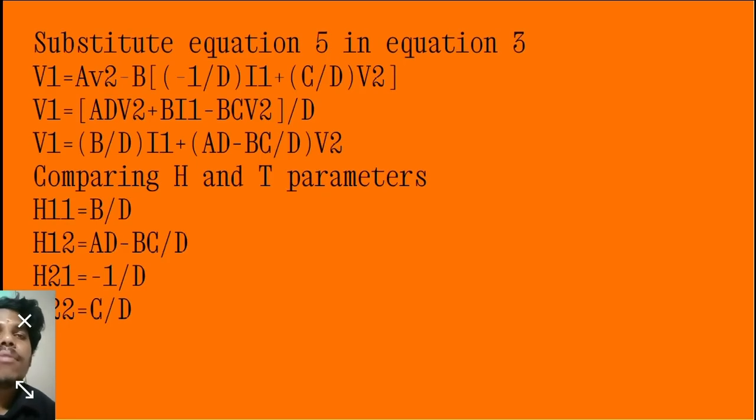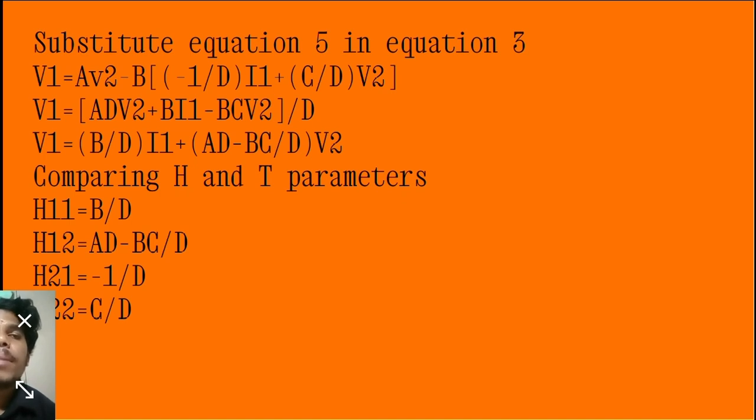Substituting equation 5 in equation 3, V1 equals A V2 minus B into minus 1 by D I1 plus C by D into V2. V1 equals A D V2 plus B I1 minus B C V2 by D. V1 equals B by D into I1 plus AD minus BC by D into V2.